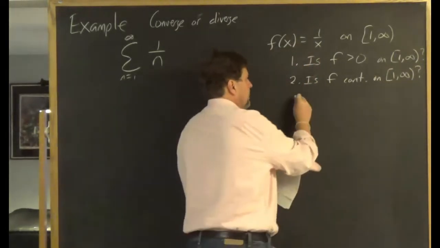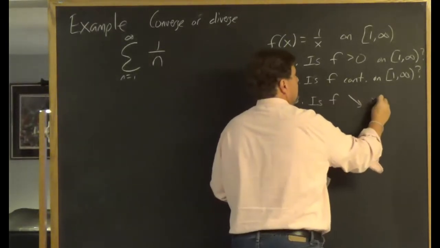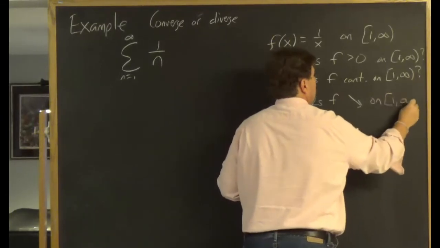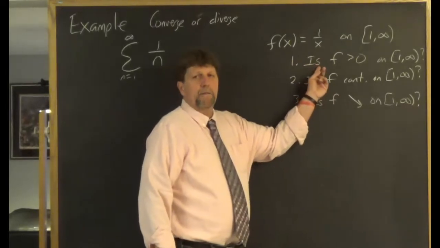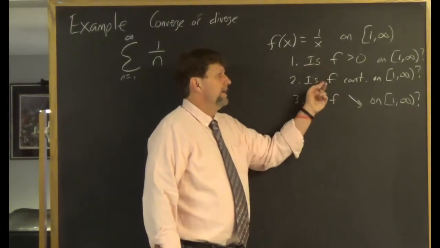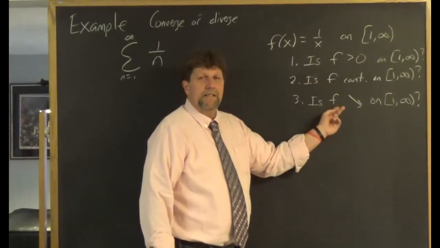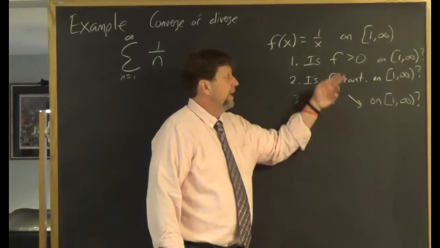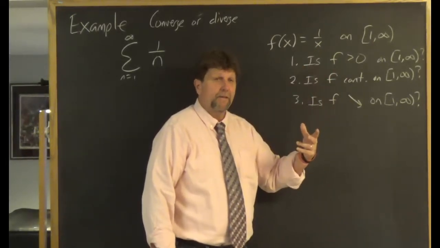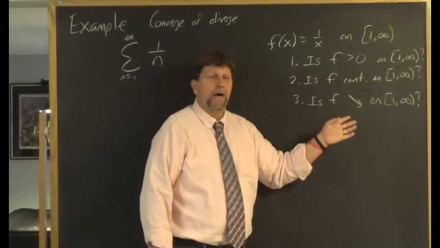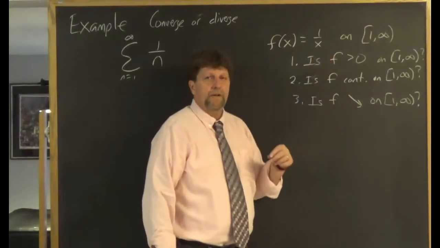Thing 3, is the function decreasing on the interval 1 to infinity? Yes, it's positive on the interval 1 to infinity. Yes, it is continuous on the interval 1 to infinity. Yes, it is decreasing on the interval 1 to infinity. I mean, I could quickly compute the derivative and see the derivative is negative on the interval 1 to infinity. So, yes, it satisfies all 3 conditions.